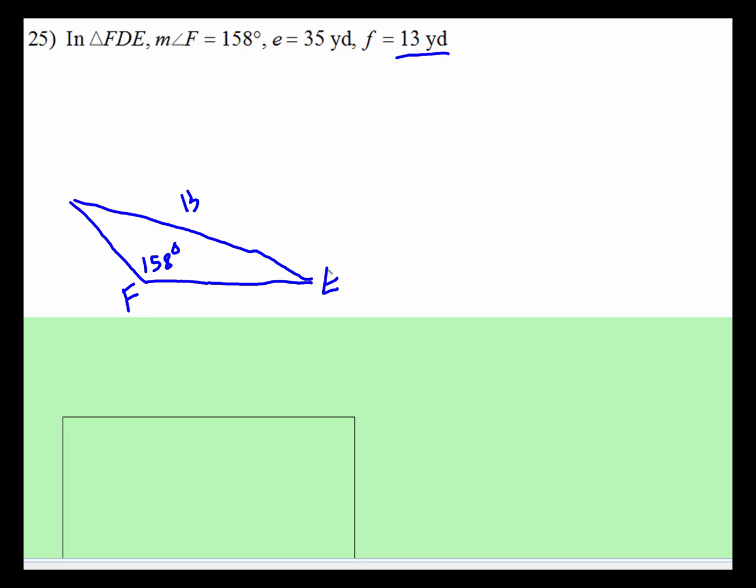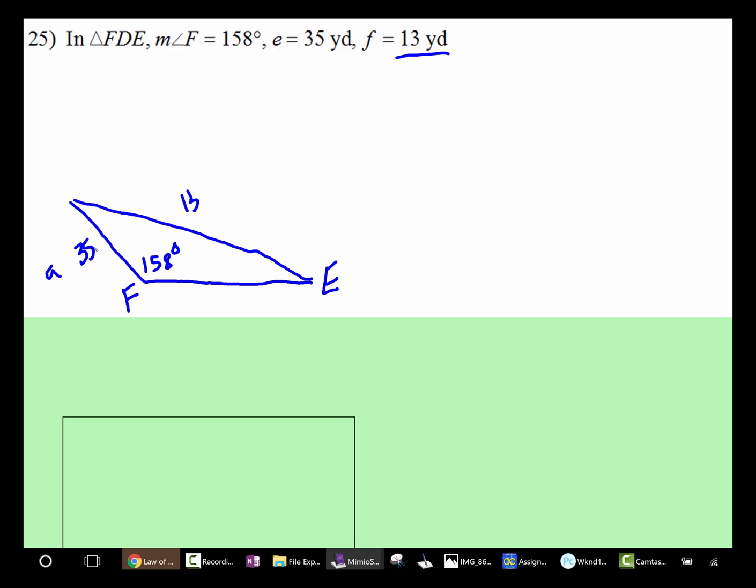Let's say this is angle E. Side E, this is 35 yards. So if this is 35 yards, there's no way that 13 yards is going to reach F. So this is the example of the no triangle. And again, we are given a side, side, and an angle. All right, that's it.